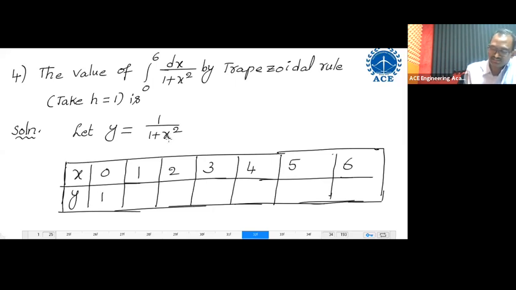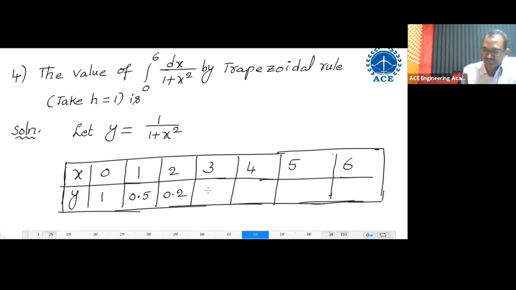If I take x equal to 1, 1 by 2 is 0.5. If x is equal to 2, 2 square is 4, 4 plus 1 is 5, 1 by 5 is 0.2.